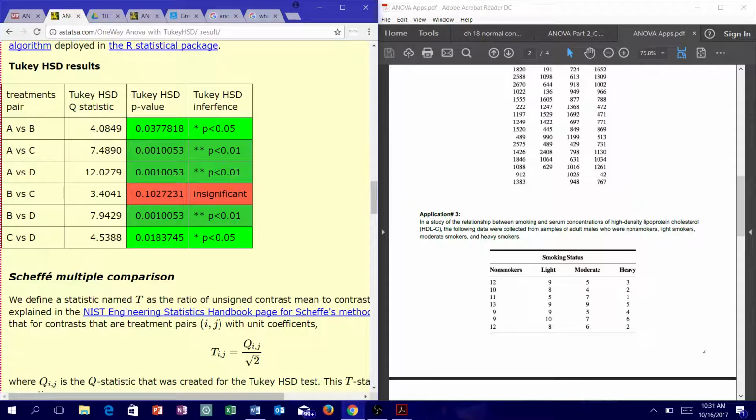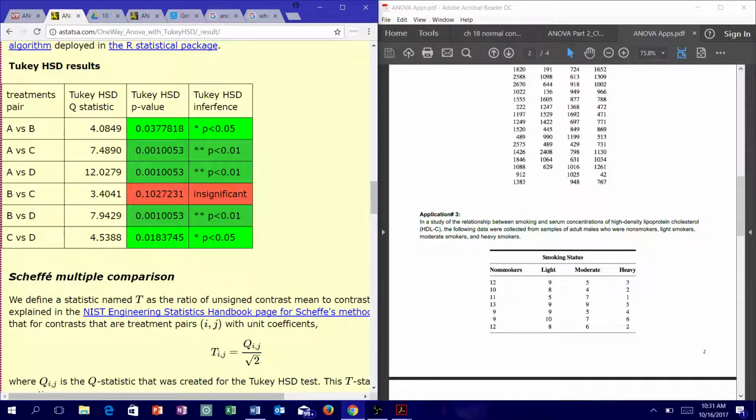Can I have your attention for a second? When you have groups like non-smokers, light smokers, moderate and heavy, technically I expect you, when comparing the individual groups, to say non-smokers is different from light, for example. I'm not saying this is the answer.